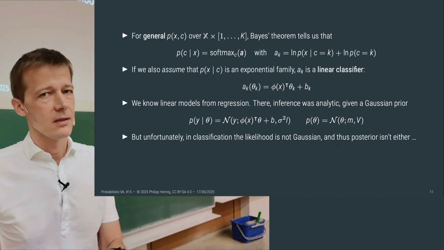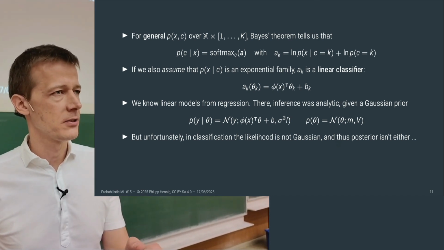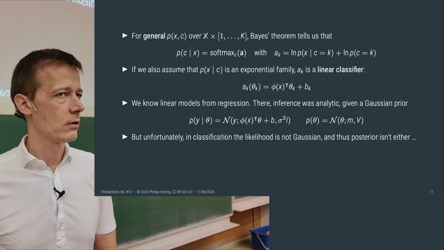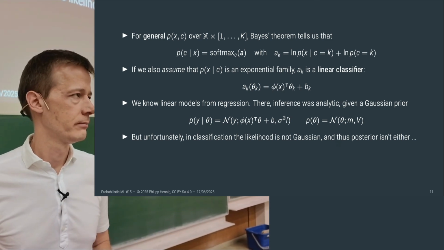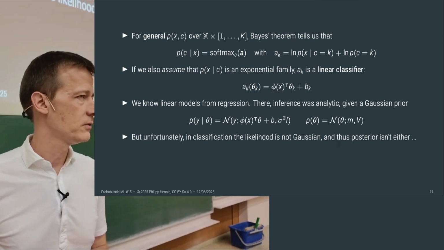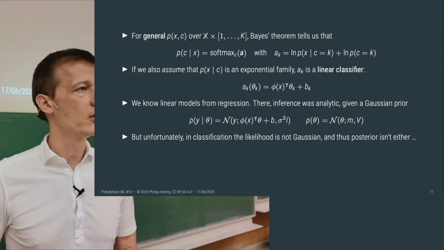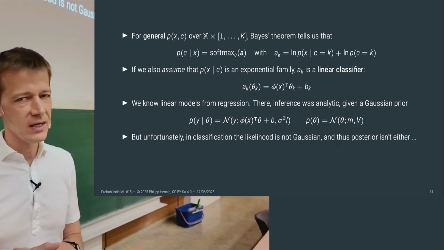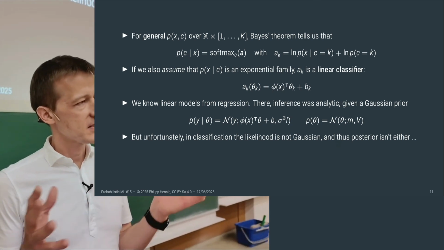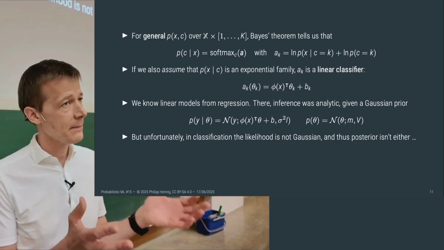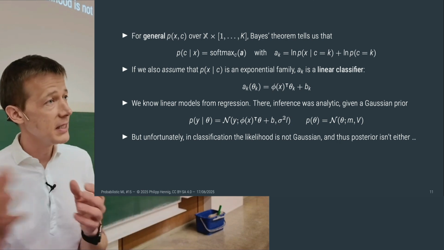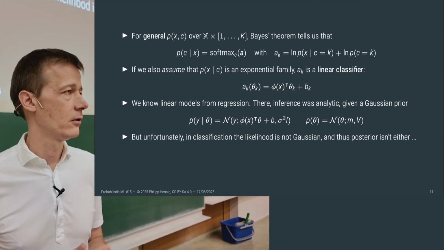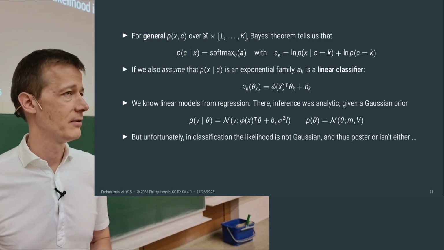Now, additionally, if we assume that the class conditional distributions, so the P of x's given C, are exponential families, then the corresponding logit model is a linear model. Or in fact, we can almost turn this around and say, whenever you're using a linear classifier, phi of x times some parameters, then if these phi of x's happen to have the property that they can actually be integrated over the input domain and give a finite number, a log partition function, then they are exponential families.